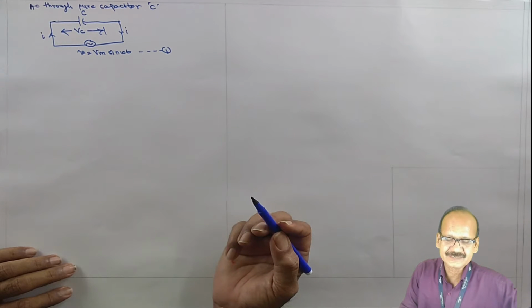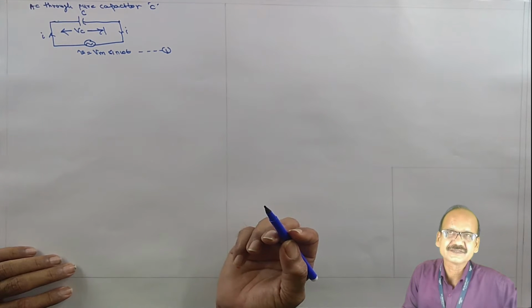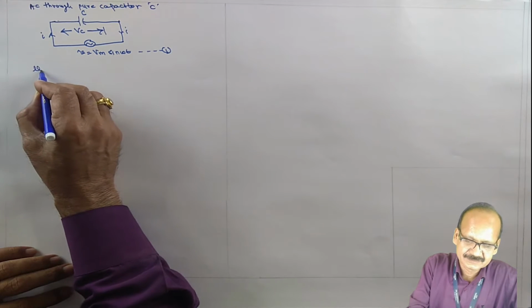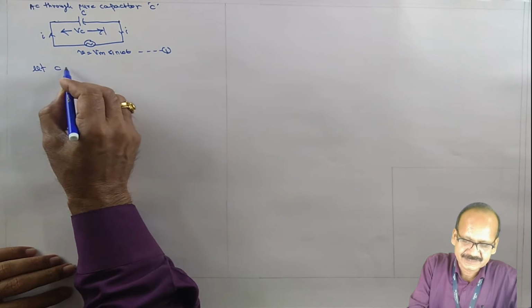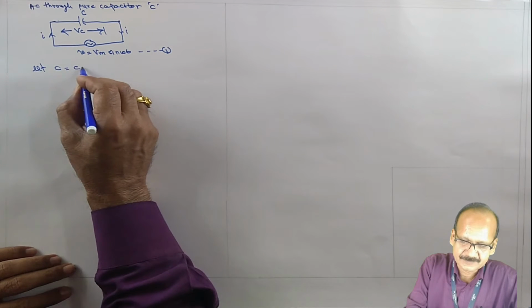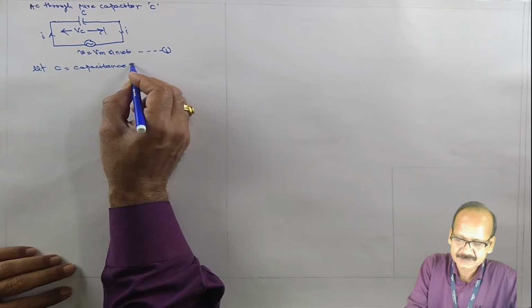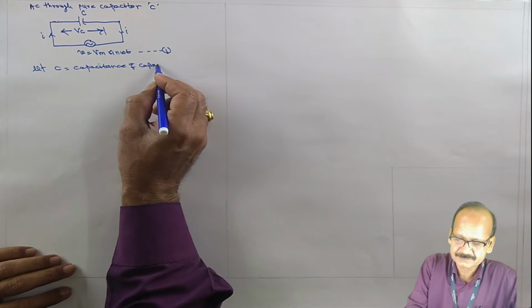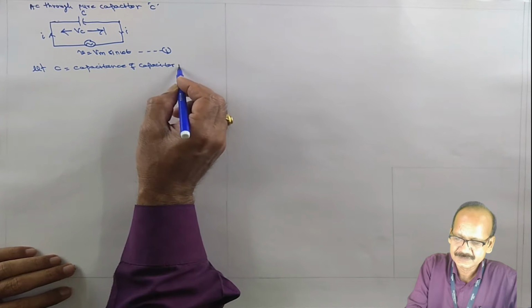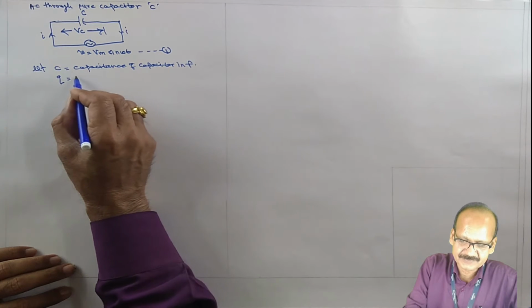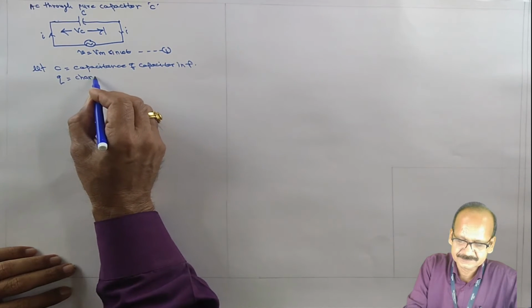So when the alternating voltage is applied across the capacitor plates, it gets charged. Let C be the capacitance of the capacitor in farad, and q the charge on the capacitor at any instant.